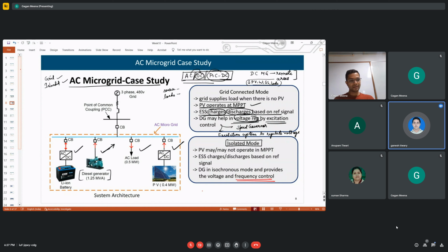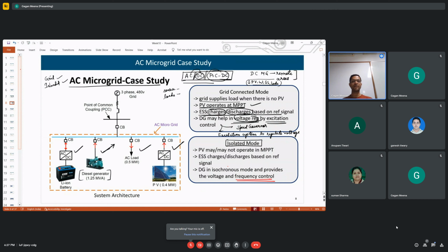Yes, so as we have already discussed in previous week that these converters are grid following converters. So here DG will provide that voltage and frequency. That is why DG is here providing the voltage and frequency control.